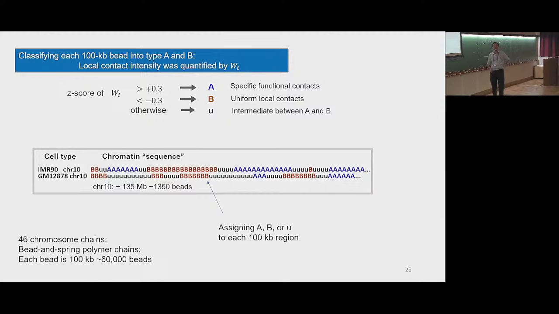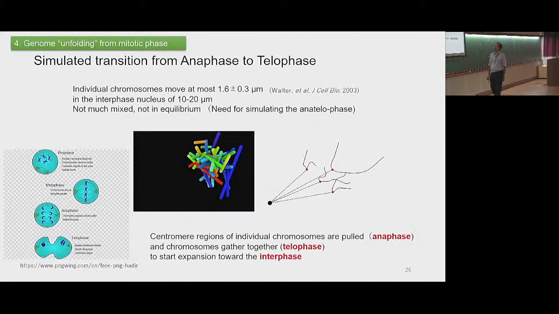Anyway, this is our test: using this data as input, we try to see whether the calculated results explain the entire genome structure or not. And an important point is that the interphase genome is not in equilibrium.